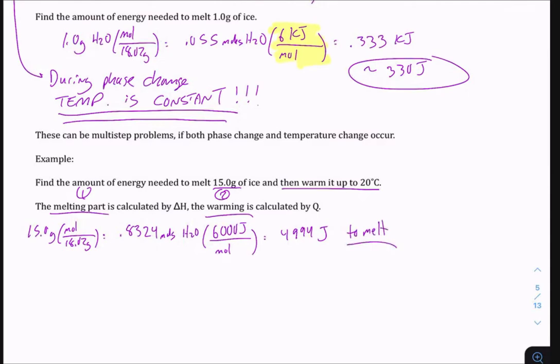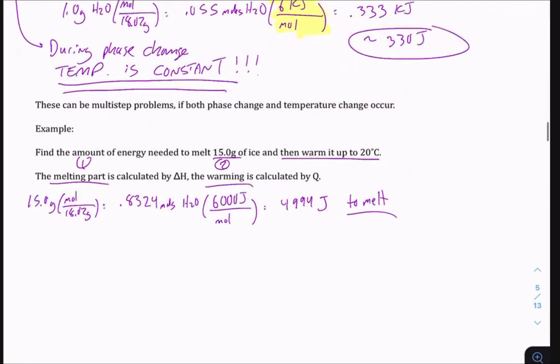But now that it is melted, essentially what has happened is this. Here's my ice cube, it's 15 grams. I've just melted it, now it's a puddle. The temperature at which the melting process takes place is the melting point, and the melting point of water is 0 degrees.